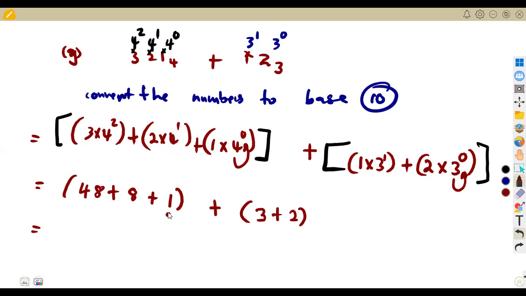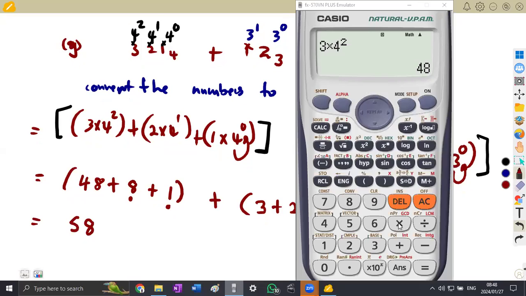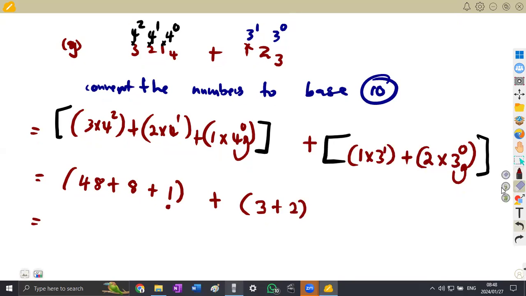This one gives us 49 plus 8, that will be 57, 58. Let's just be sure. Let us have our calculator here, but that must be 58 or 57. Plus 8 plus 1, this will be 57, not 58, but 57. So we are having a 57 there, plus 3 plus 2.